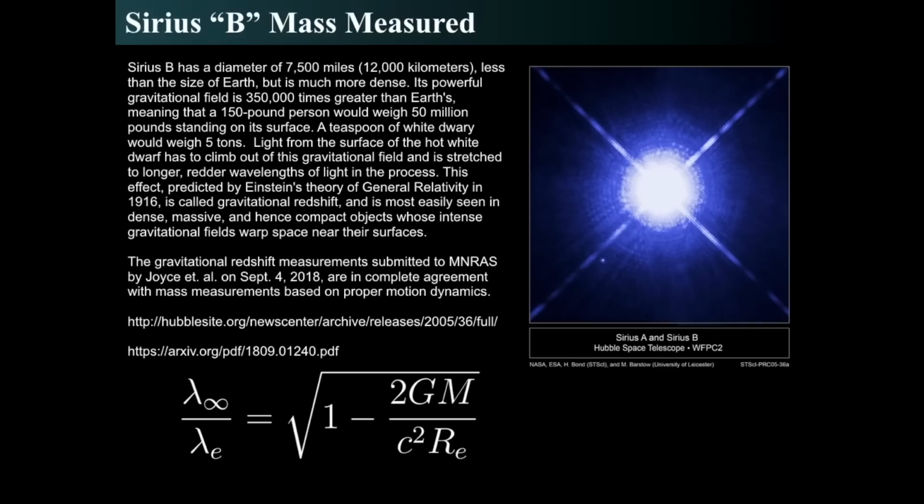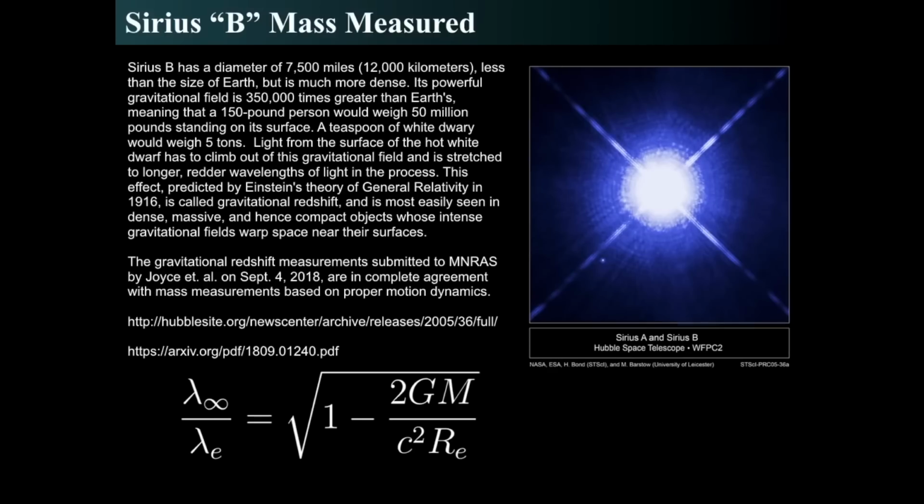And what's fascinating is the gravitational field for something that massive would be about 350,000 times that on Earth. So if you weigh 150 pounds right now on Earth, you would weigh 50 million pounds if you stood on the surface of Sirius B.